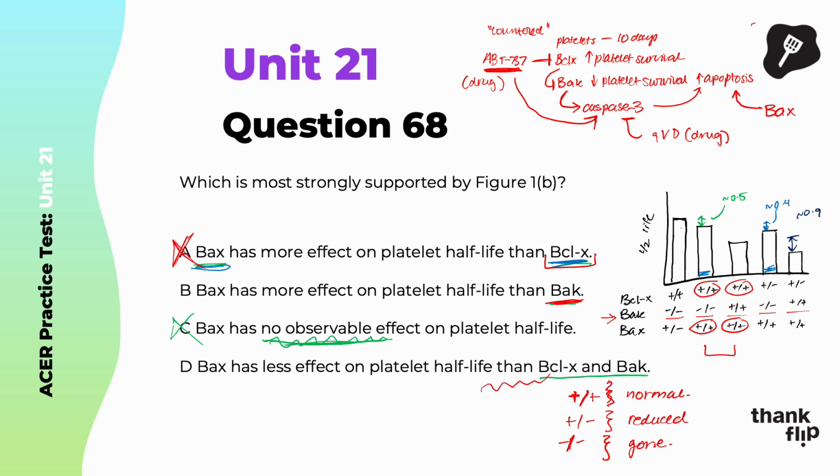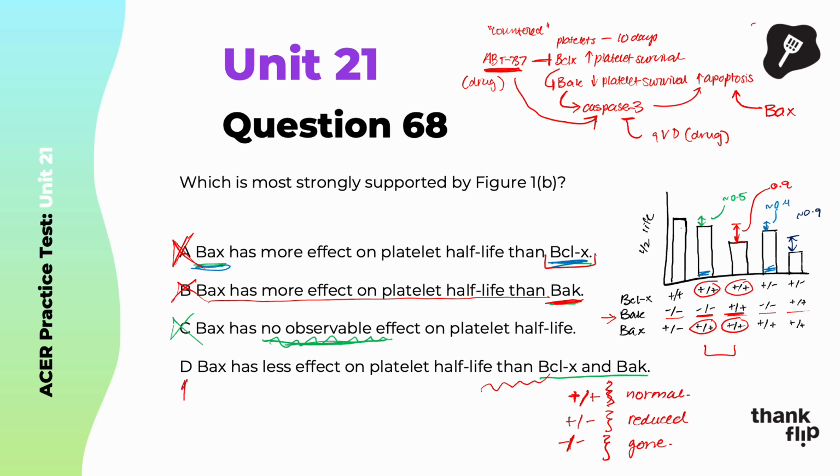So then the only thing that's really changing here is the negative versus positive effect. And so the effect that you're seeing here is, I want to say, around the same as BCLX, so around 0.9 as well. And so you can't say that BAX has more effect on platelet half-life than BAK. Confidently, you can't say that. This is not the most strongly supported statement.